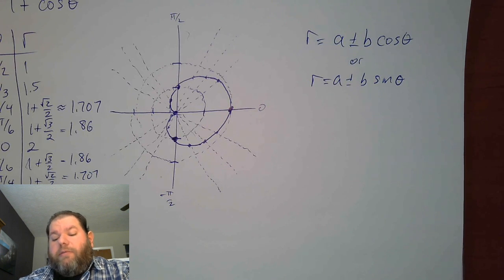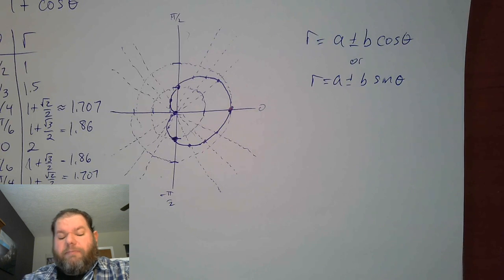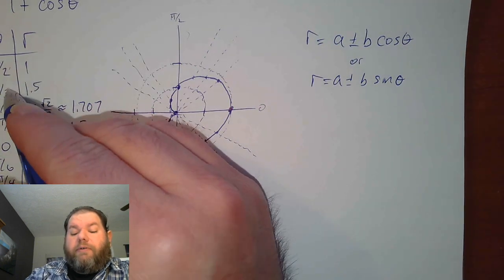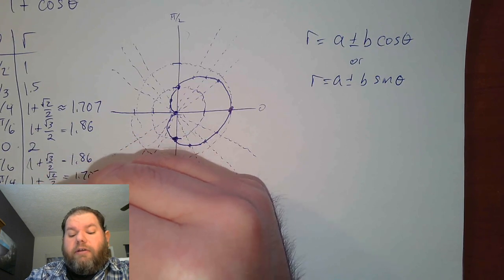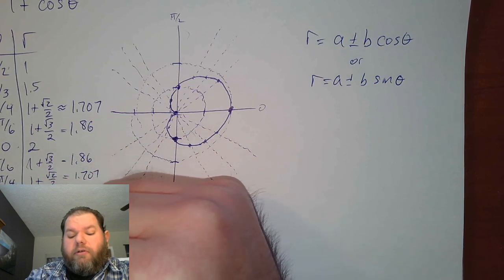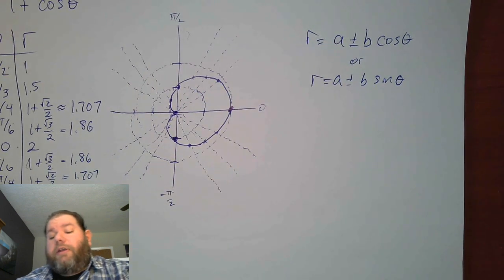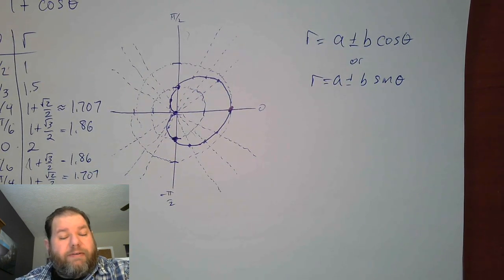A lot of the time we can get away with just graphing 8 points instead of 16 like we did. How many points do we graph? 1, 2, 5, 6, 7, 8, 9, 17. We can get away with graphing 9 points instead of 17.